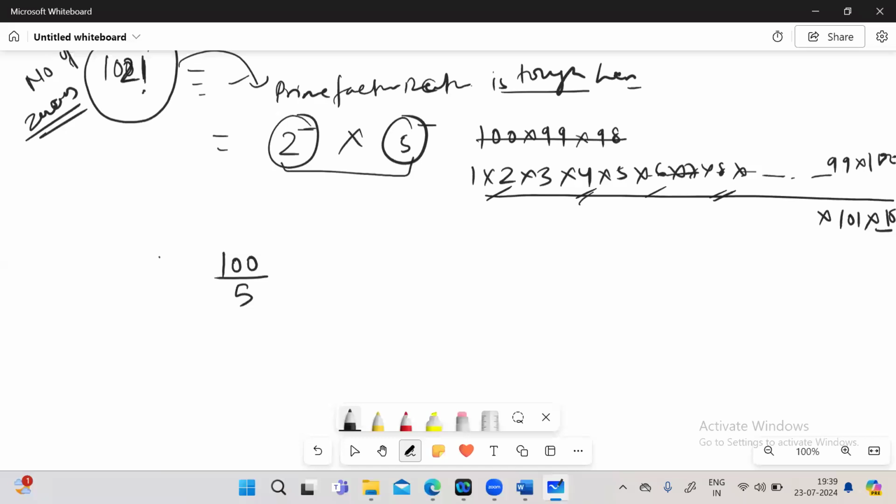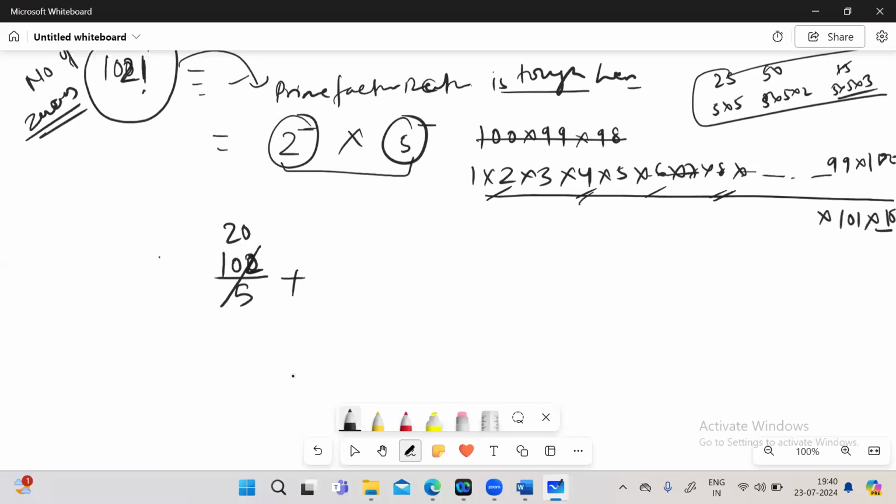So if it is not divisible by 5, we'll take the integer value here, 20. Then I know that every 25th value will have one more 5. Like 25 can be written as 5 into 5, 50 can be written as 5 into 5 into 2, 75 can be written as 5 into 5 into 3. Like this.